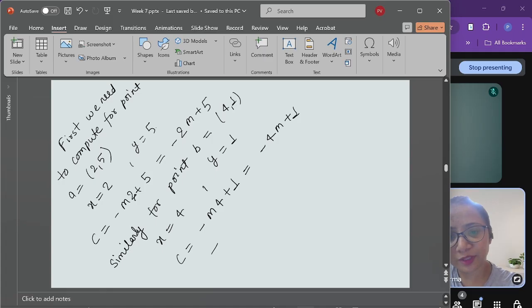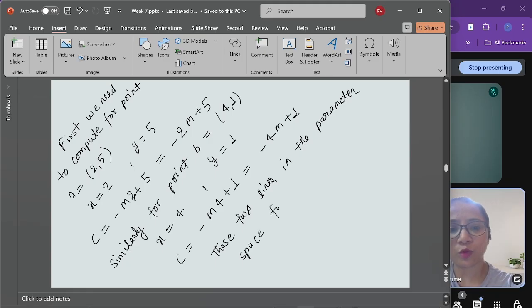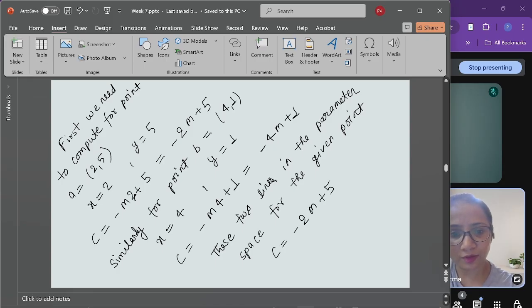So these two lines represent the two lines in the parameter space for the given points. So first equation is c is equal to minus 2m plus 5, and for the next one minus 4m plus 1.